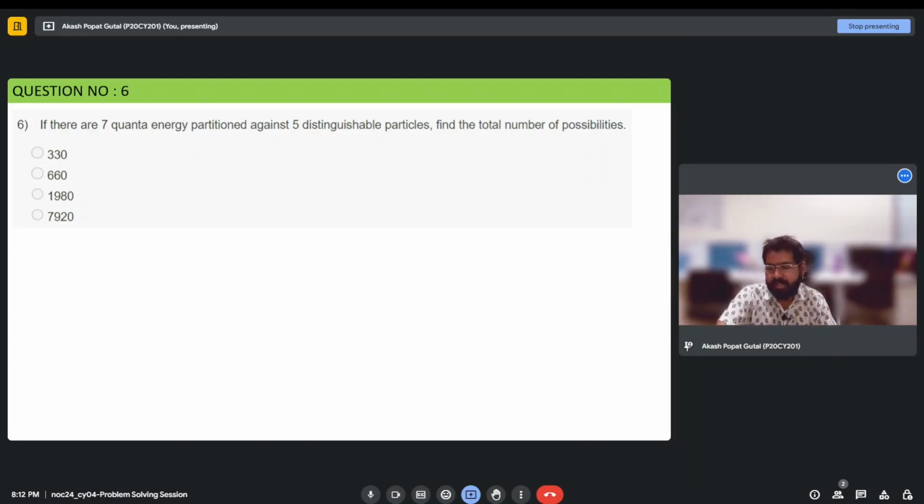This can be solved by a standard formula. It is discussed in the lectures.